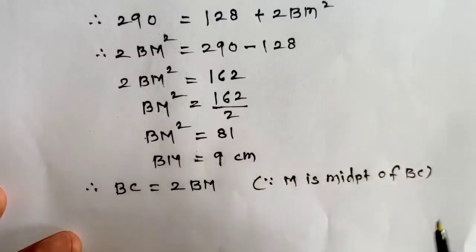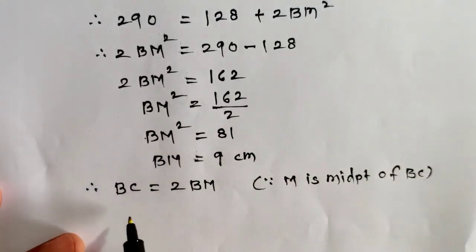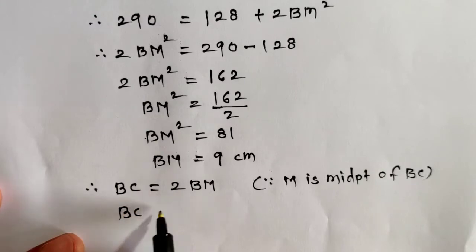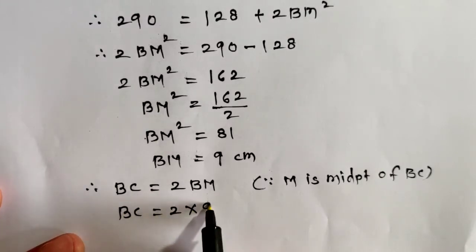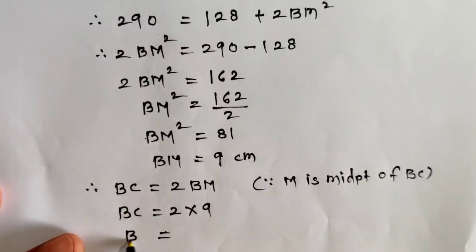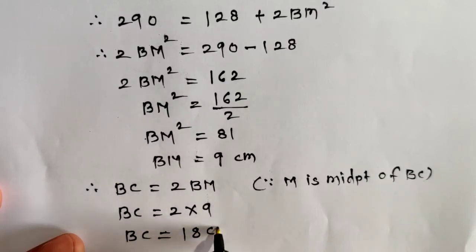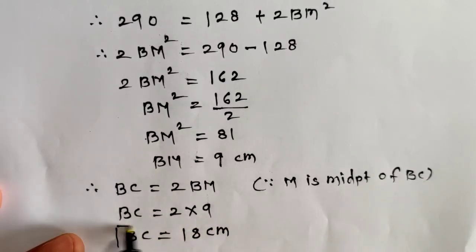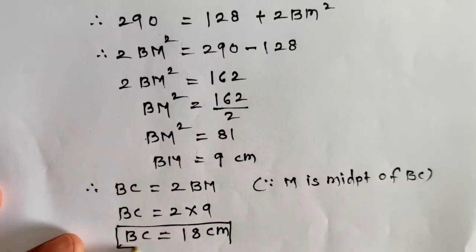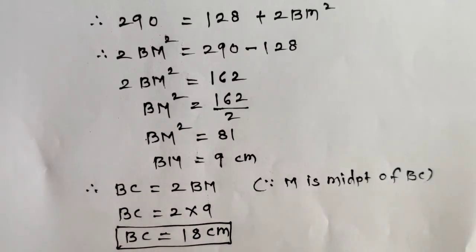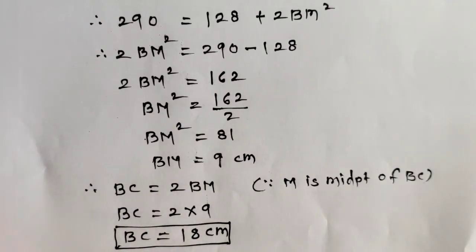Reason should be there, midpoint of BC. Therefore BC equals 2 into 9, means BC equals 18 centimeter. So in this way we can find the BC. This sum is easy, similar to that sum 1. So you can solve that sum easily.